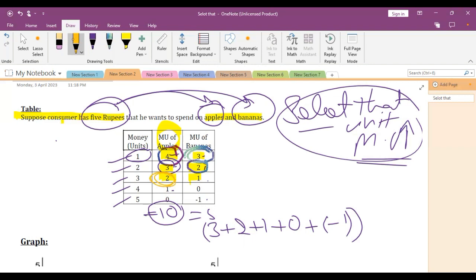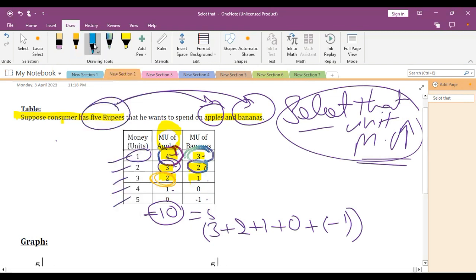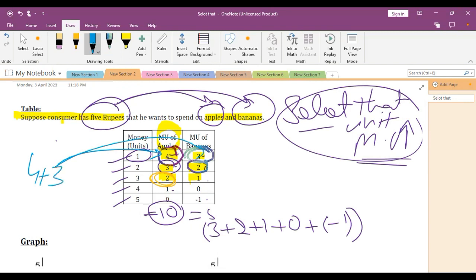So how much have we expended here? First rupee on apples, taking utility of 4. Second rupee on bananas, that gives 3 level of satisfaction.